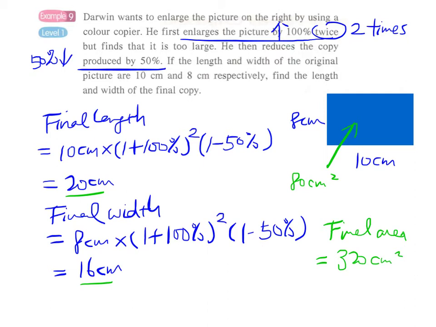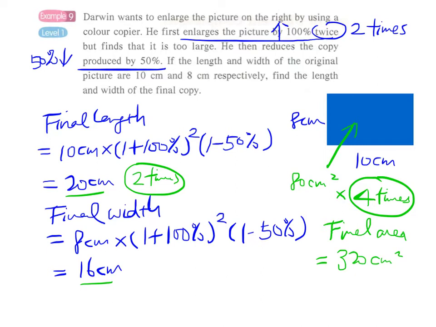You can see that the final area is 4 times the original area, but the final length is only 2 times the original length. It seems that we have some kind of relationship here. In later chapters of this book, we will find that the ratio of the areas will be the square of the ratio of the sizes for similar figures.